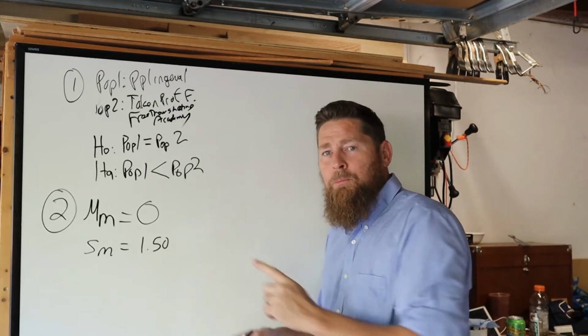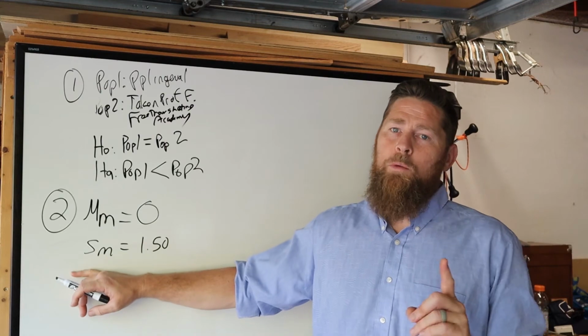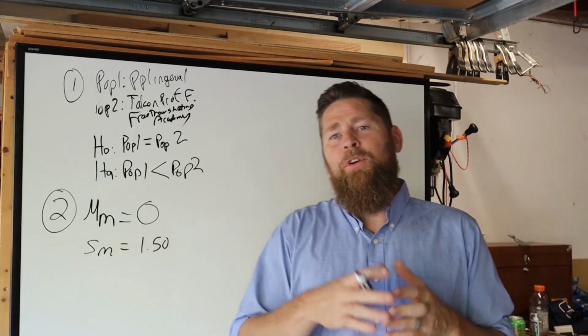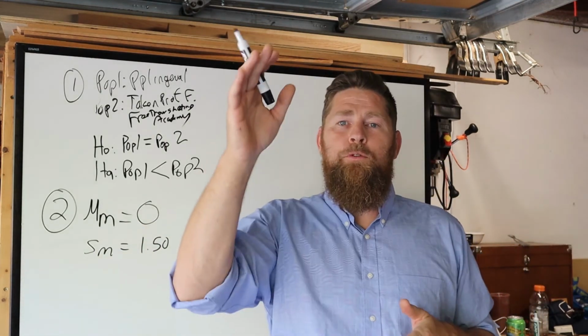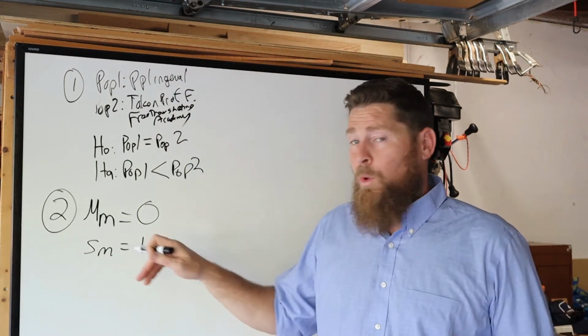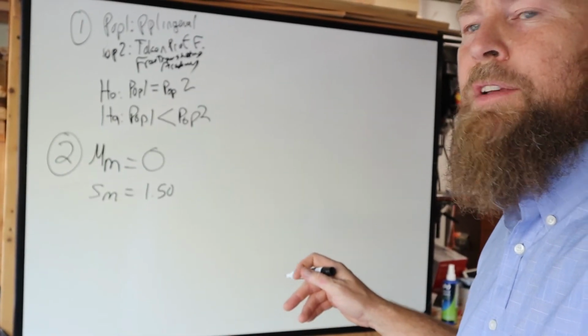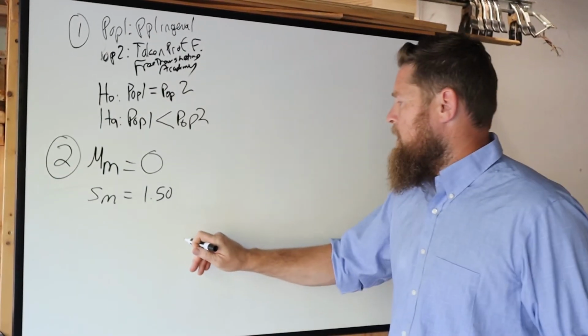But we know there's variability in people, and we calculated that with all that extra work to find that S sub m is 1.5, or the average person will differ about 1.5 free throws more or less. Remember, standard deviation can go both ways on that curve. So we're going to draw out our comparison distribution. So here's our comparison distribution.